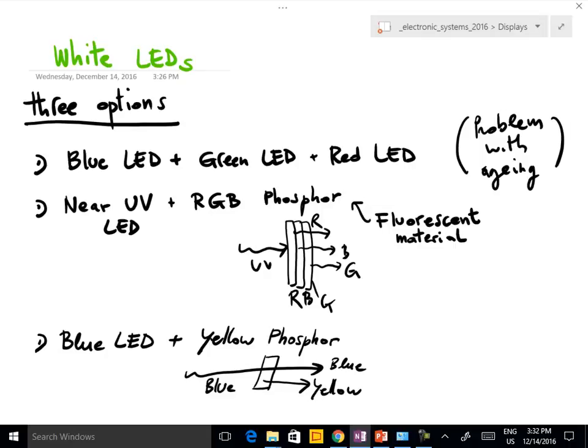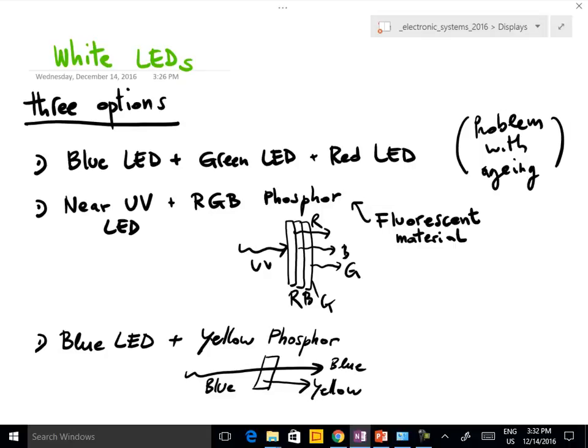Okay, it's not a fantastic white, but it is a relatively good white. Okay. So these are the three main options in order to have white LEDs.